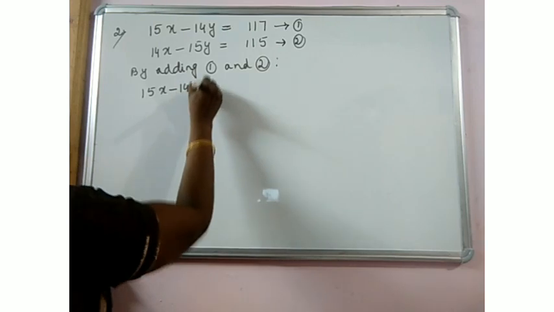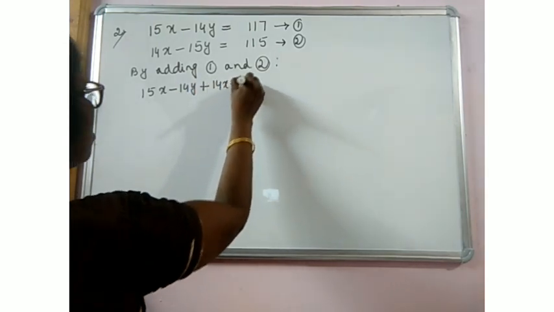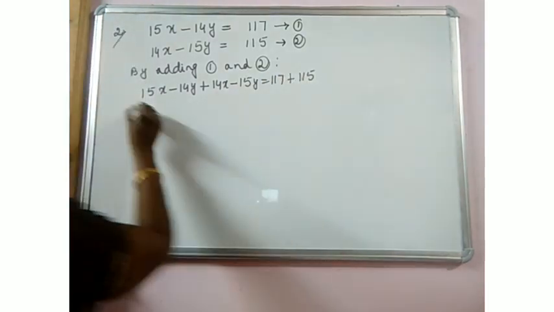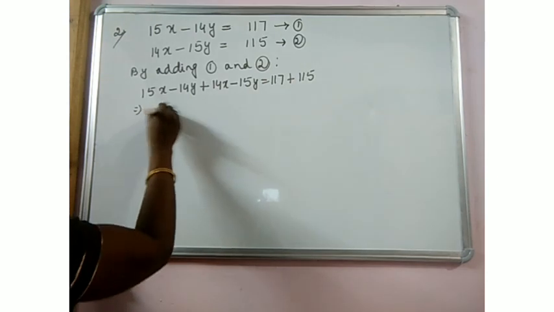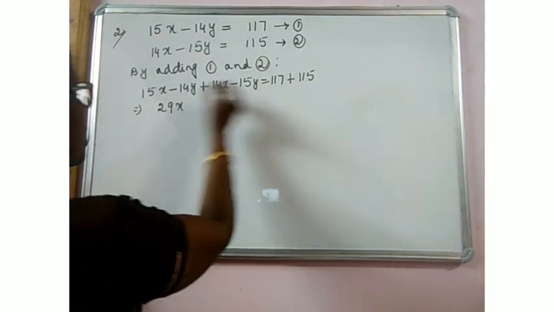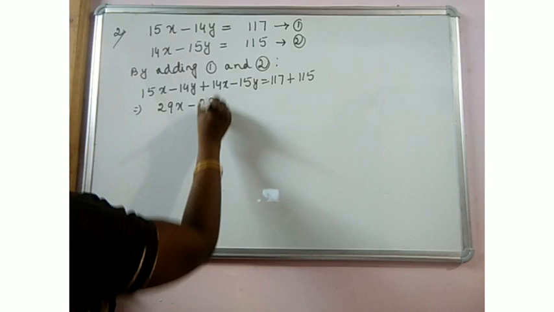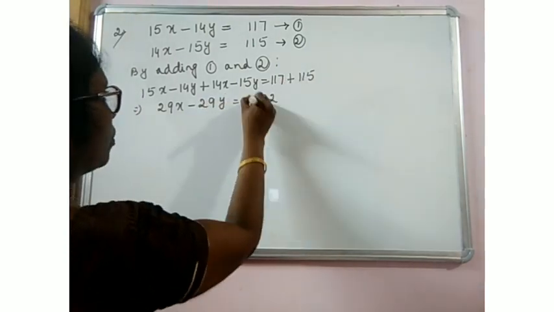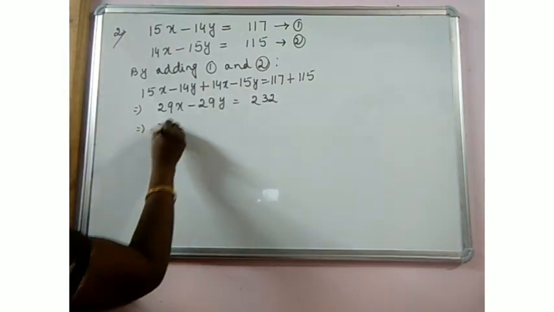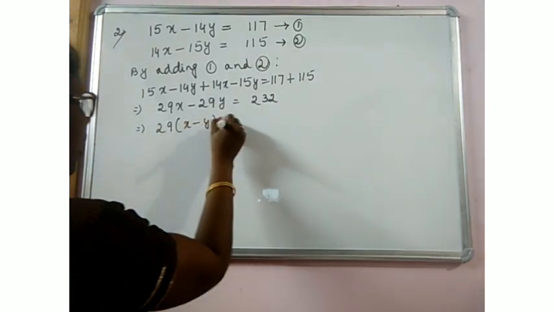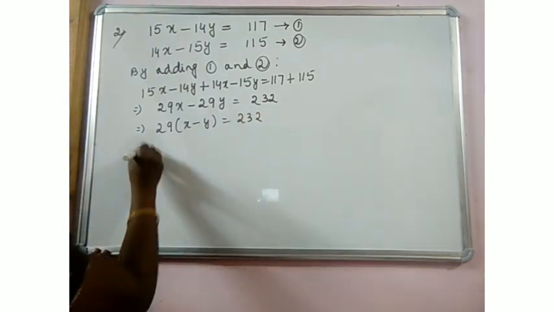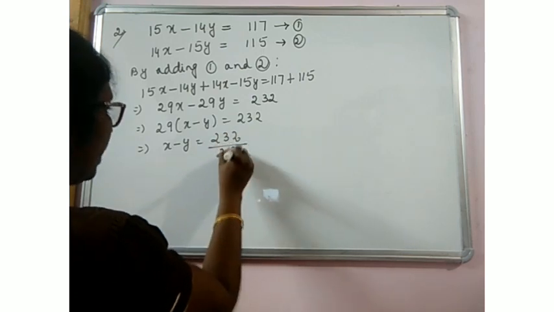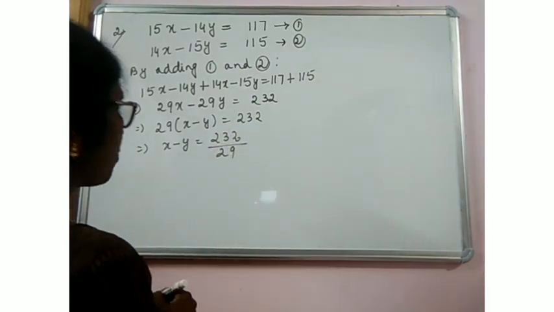15x - 14y + 14x - 15y = 170 + 150 (the speaker reads the right-hand sides as 117 and 115 but works out 320). 15x + 14x is 29x. -14y - 15y is -29y. 29 is common, so x - y = 232/29 (as the speaker works it). 29 is a prime number.